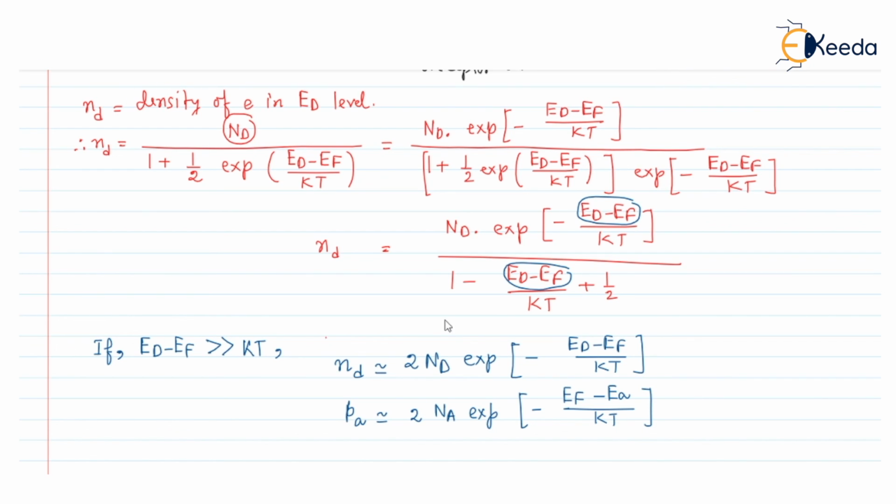Hence, these two equations will give the value of the concentration of electrons and holes at the donor energy level and acceptor energy level respectively. So this is all about the probability of occupancy of donor energy states and acceptor energy states. Thank you.